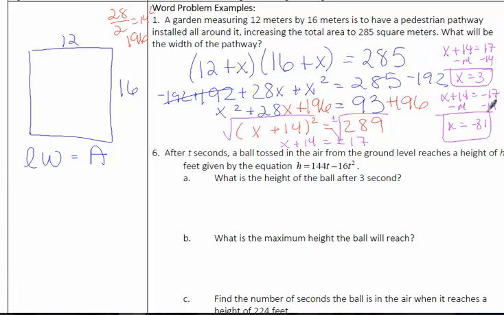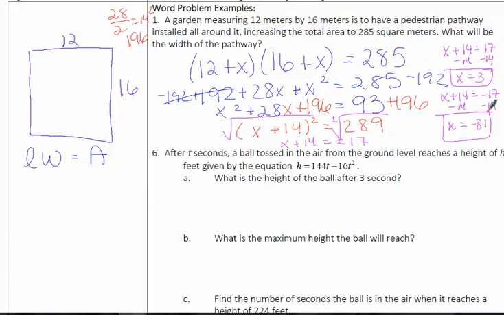Now, this is a word problem, which means both answers might not make sense. It's a parabola. I'm going to get two answers, but I've got to figure out, is one of these not working for me? Which one do you think it is and why? It's negative 31, but why? Because if I plugged it back in, 12 plus negative 31 is going to give me a negative number.